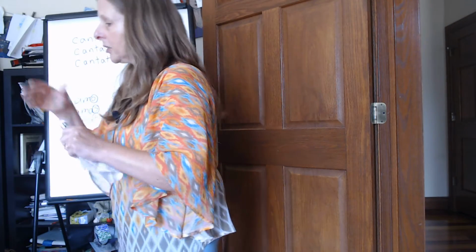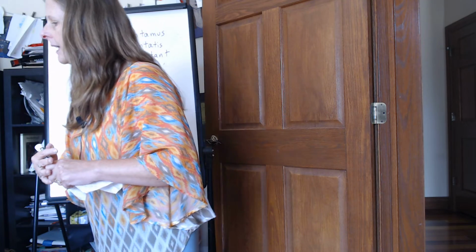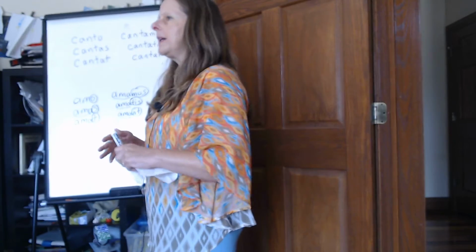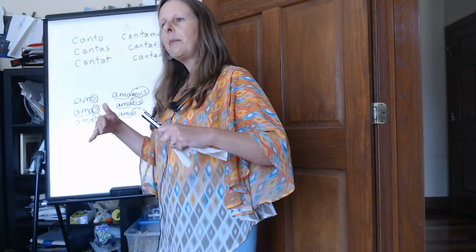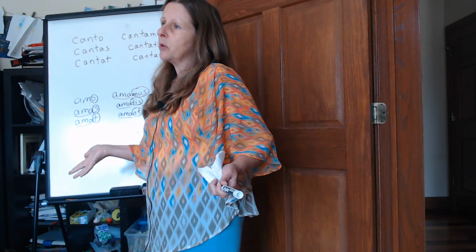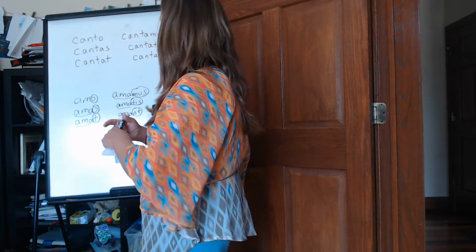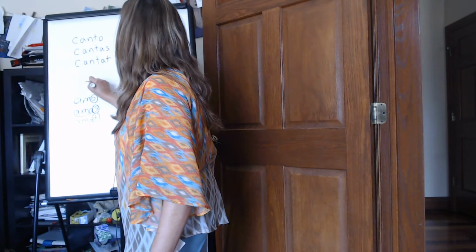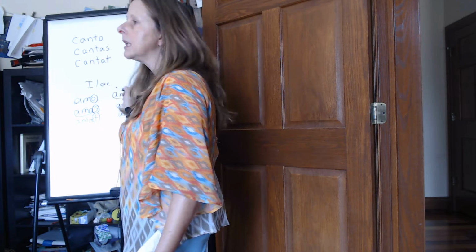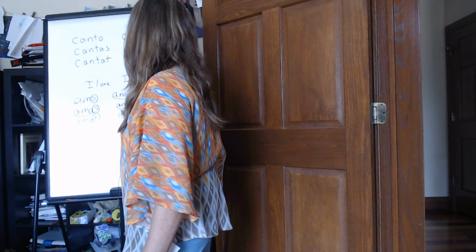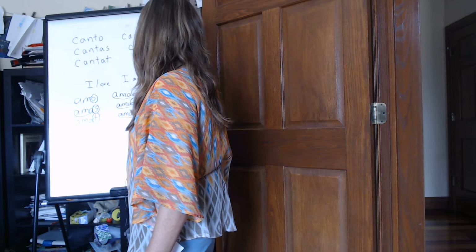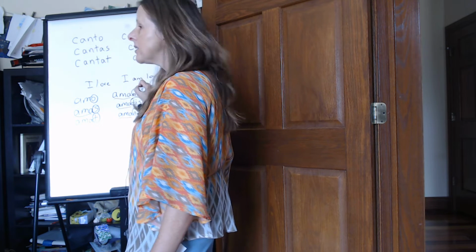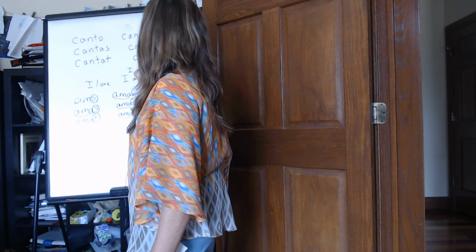We also learned, and they mentioned on page 12, that this is a verb in the present tense. It's happening right now. And in English, we have more than one way to say that. We can say, I love. That means I'm doing it right now. We can say, I am loving. That also means I'm doing it right now. We can also say, I do love.